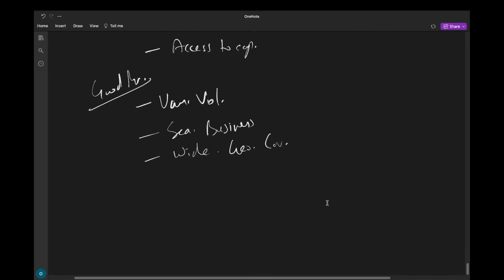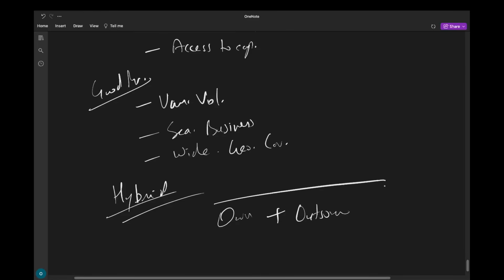And there is a third thing, which is the hybrid approach. So many companies own their fleets as well as outsource, which is the hybrid approach. So their private fleet handles the core lanes where regularly they ship, where there is high volume and which is predictable.